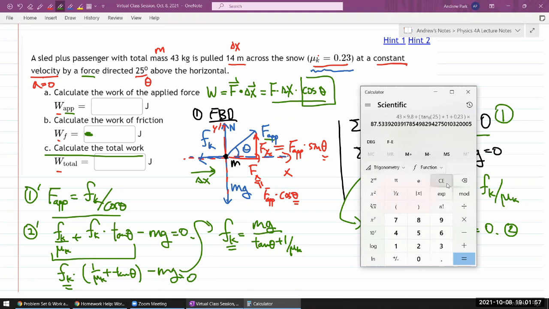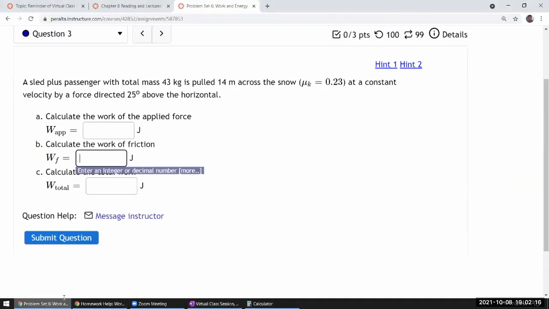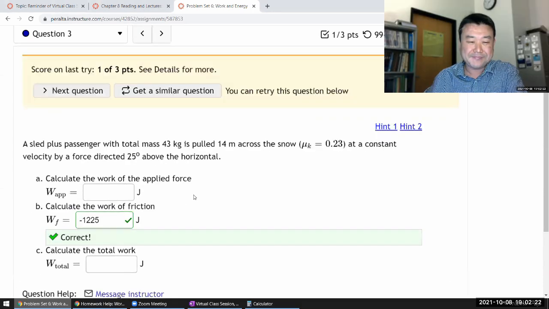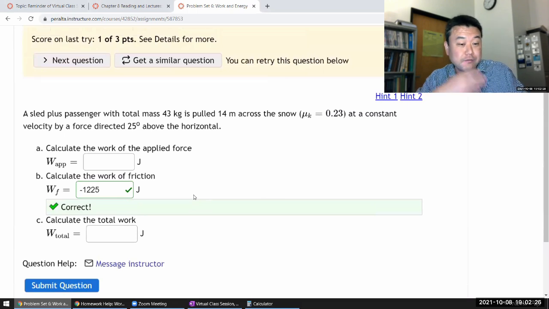And then I'm going to multiply that by 14 meters, which is equal to 1225 joule. So minus 1225 joule. Okay, let's plug it in and let's hope it's correct. Yeah. And now that I've got this answer, I can actually answer the remainder without plugging in any more numbers.